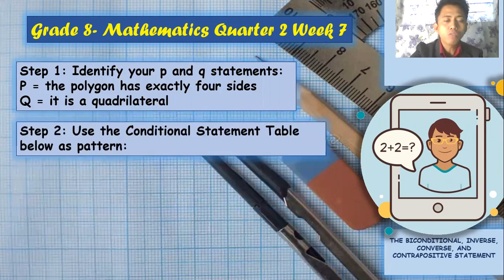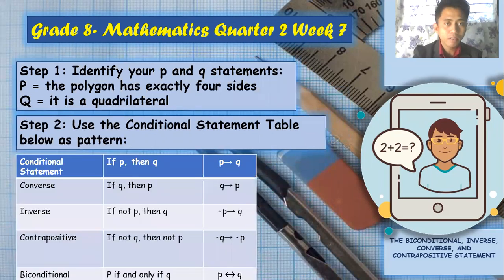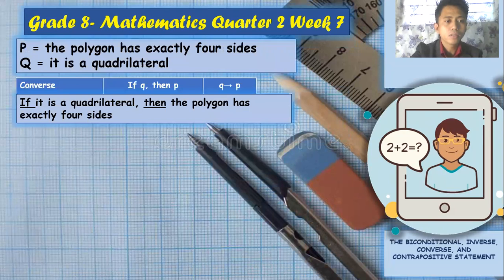Let's proceed to the second step, and that is using the conditional table as a pattern guide. Let's proceed first with the converse. Our P and Q are now given. We have P: the polygon has exactly 4 sides, and Q: it is a quadrilateral.